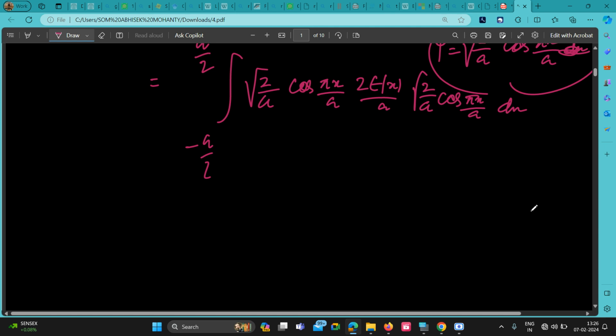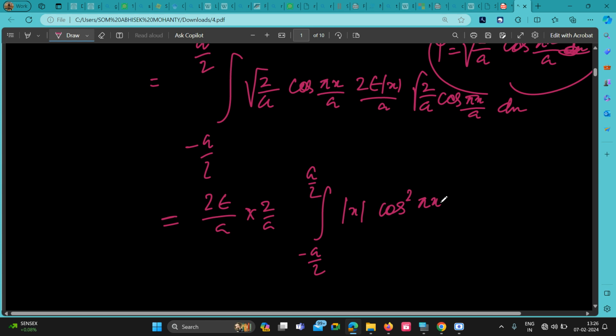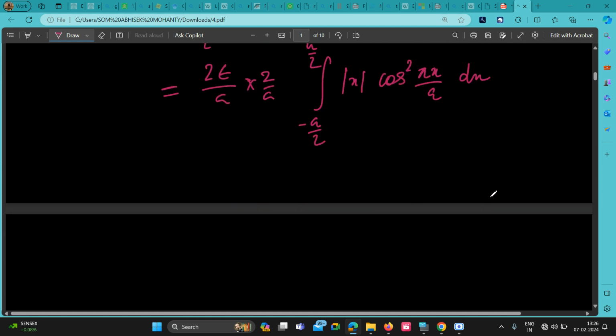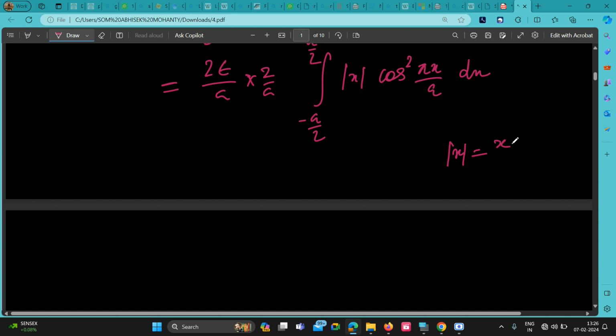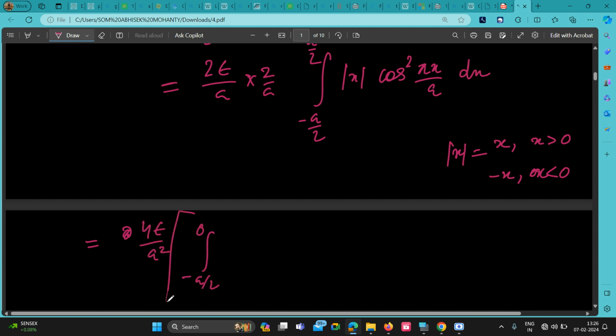So root over 2 by a, 2 by a going outside. This 2 epsilon by a is also going outside, into 2 by a. This is minus a by 2 to a by 2. Whatever is left, mod x cos square pi x by a. Okay, now see, this is mod x. We know the definition: mod x is equal to x if x is greater than 0, minus x if x is less than 0. So we have to divide the limit also. So this will be 4 epsilon by a square, minus a by 2 to 0.